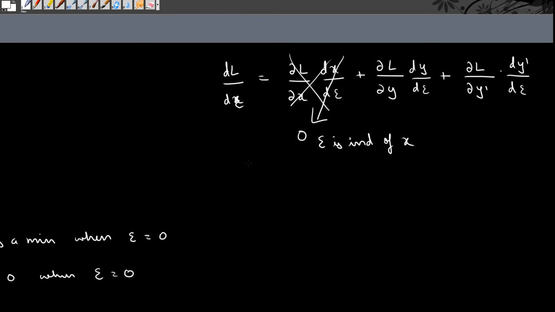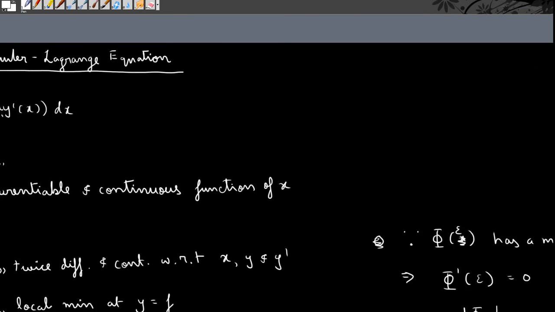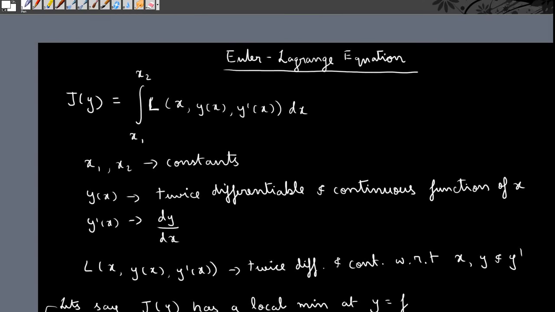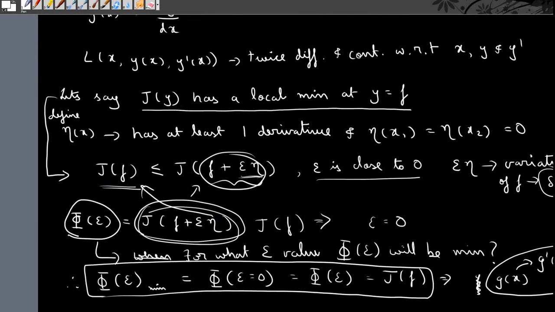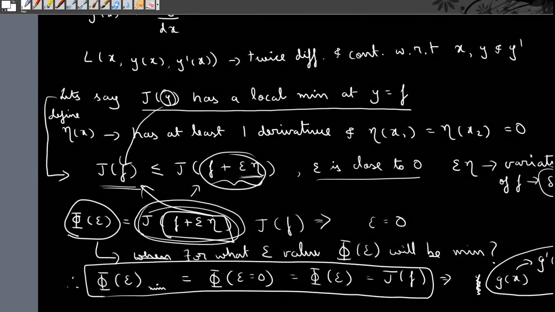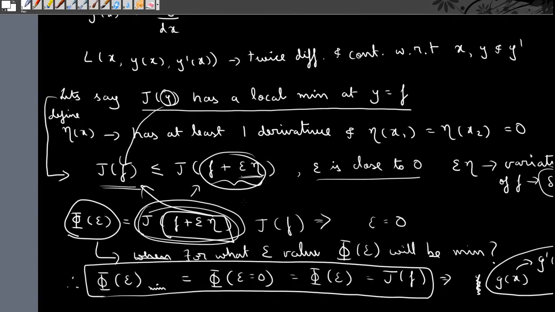Now what about these two terms? In this particular case, if we go back here, for y we have substituted f, and when we are considering J of f plus epsilon eta, we are basically substituting y as f plus epsilon eta.